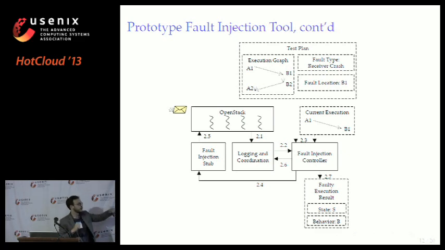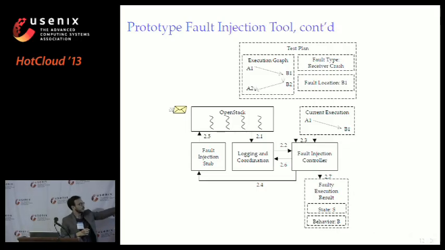The controller will spawn a clean OpenStack installation and start executing the external request corresponding to that graph, executing transactions one at a time up until you get to the execution point, introduce the fault that you had scheduled, and continue and see what OpenStack does.